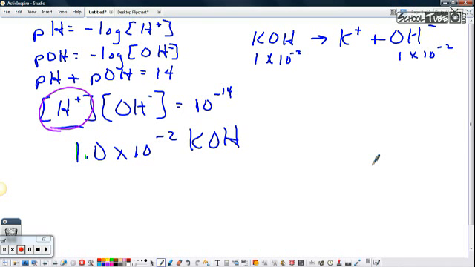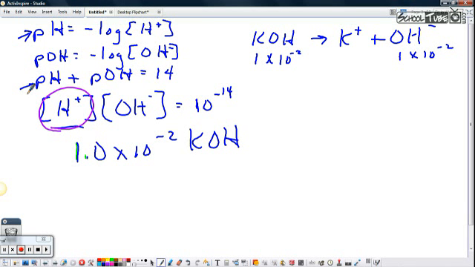I have to look at what is the ion that's going to be produced. So I look at my 4 equations here. I need to know pH. I have 2 equations that have pH in them. And I don't have a concentration of OH in any of them, do I?